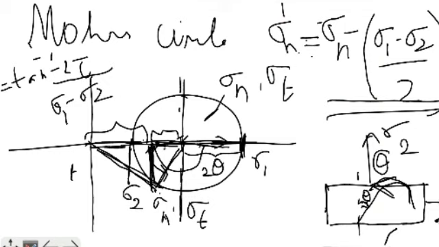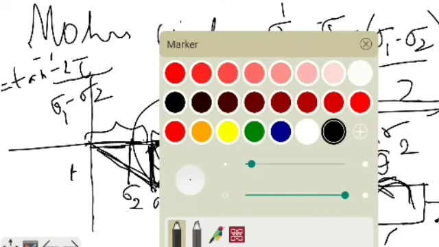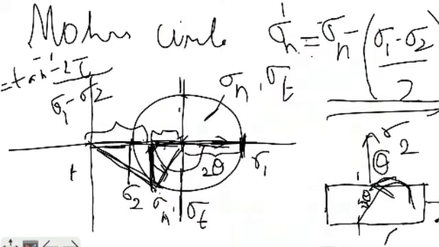So that theta you have to take in Mohr circle. With the vertical, from here you have to go by 2 theta and find the corresponding principal stress.